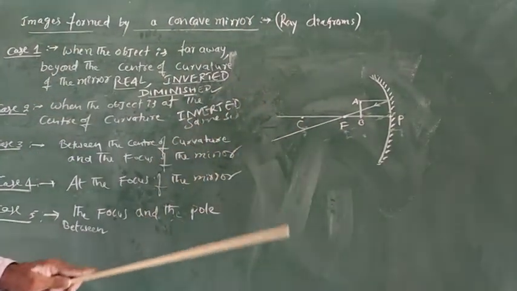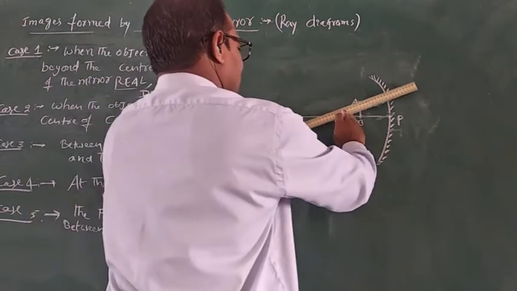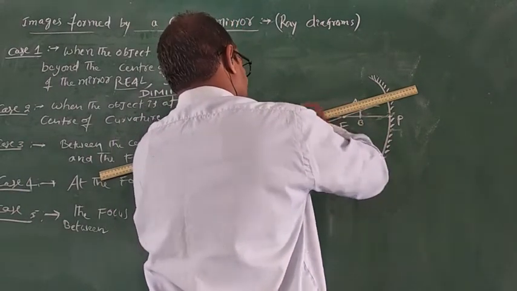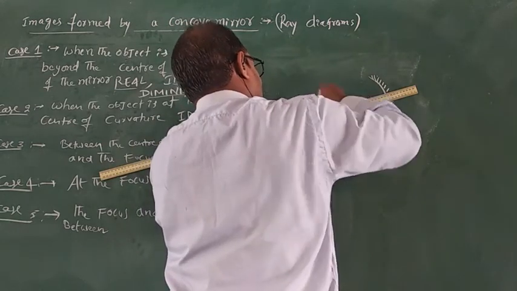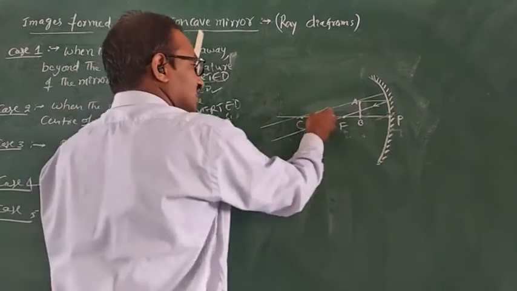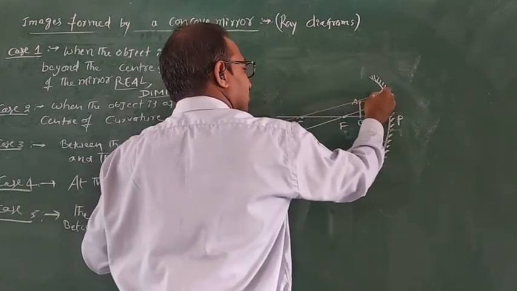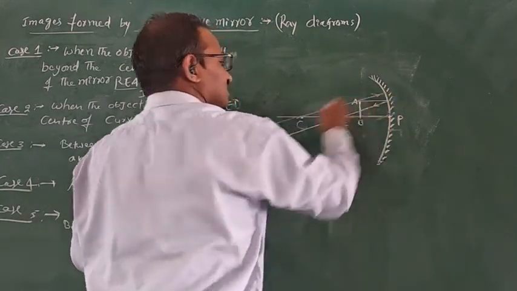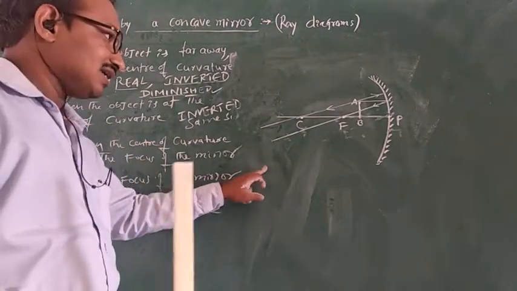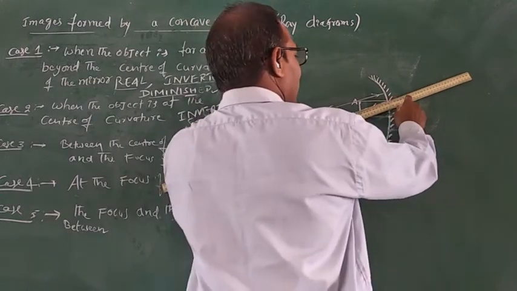Then I can take a ray directed toward the center of curvature. This is the ray directed toward the center of curvature. It retraces its path. Now, where can we get the image?